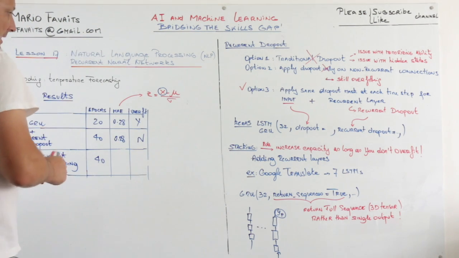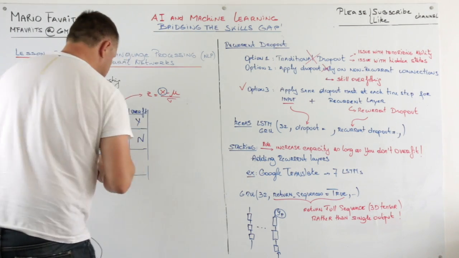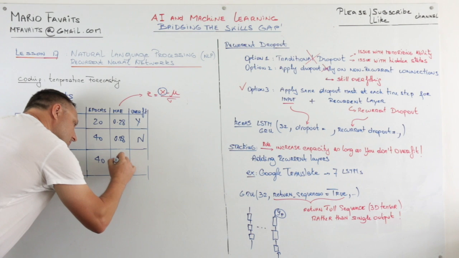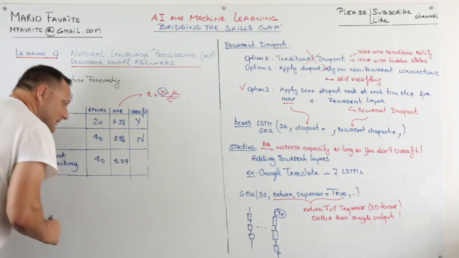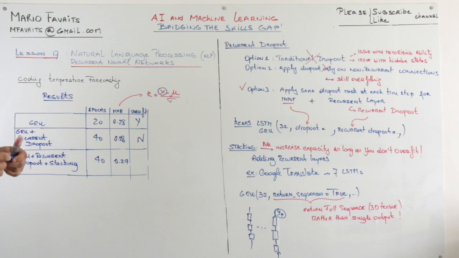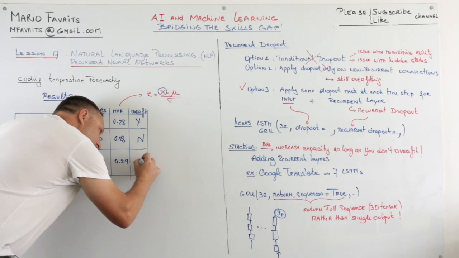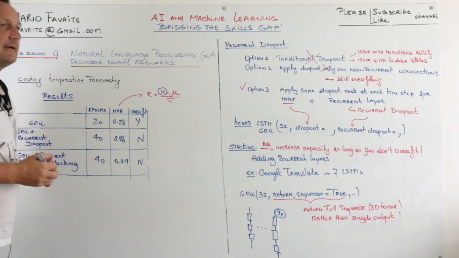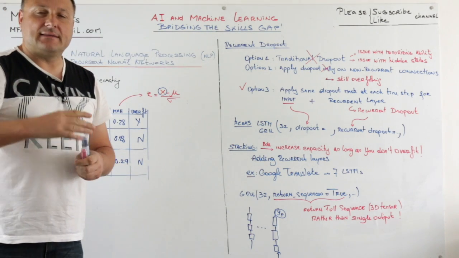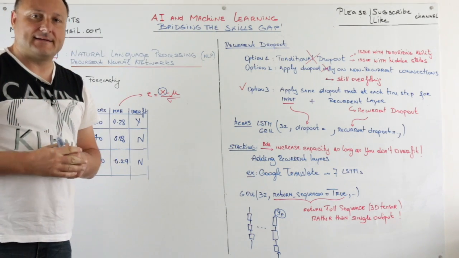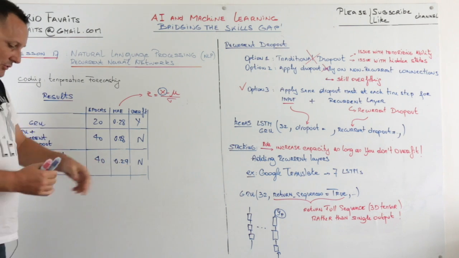Alright, so when we did the exercise, we saw that the mean absolute error was 0.29. And overfitting, no. You could see at the end there's some slight tendency to overfit, but I put no here.